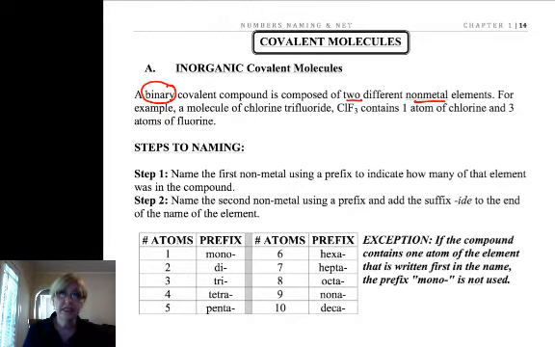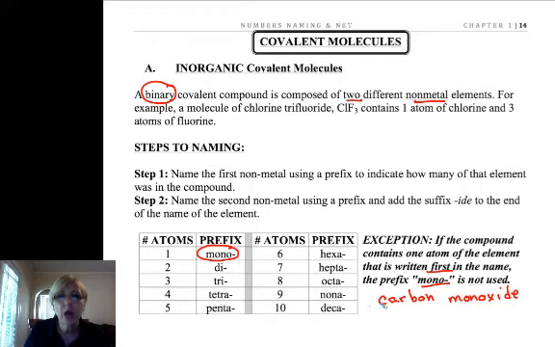The prefix tells us how many there are. The only time we don't include a prefix is if it's mono on the first element. We don't use mono on the first, we use mono on the second. So carbon monoxide, we still use the mono, and you notice that there's a little smoothing out of vowels in there. There's a statement in your notes about that.